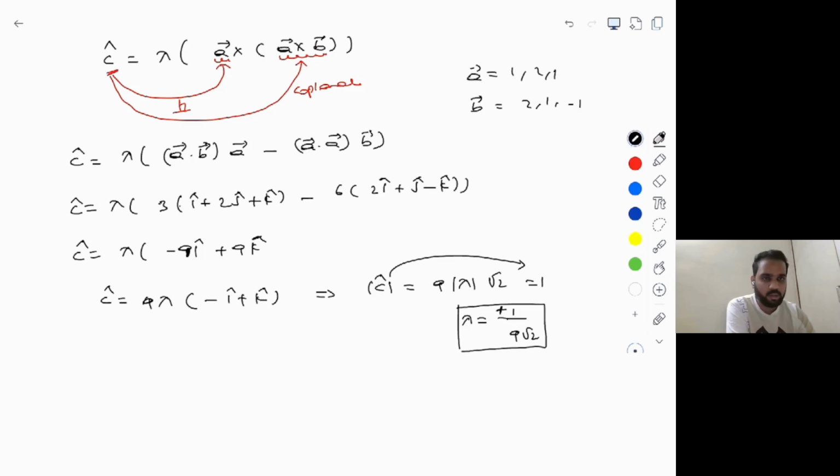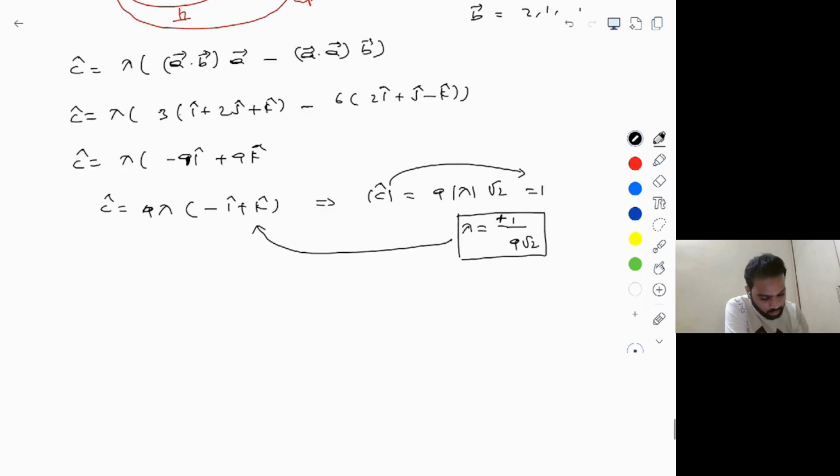So since we got the values of lambda, we can substitute them back to get the vector C cap. So C cap is equal to 9 into plus or minus 1 divided by 9 square root 2 multiplied by minus i cap plus k cap. So 9 will be cancelled out. Finally, C cap is equal to plus or minus square root of 1 by 2 multiplied by minus i cap plus k cap. So this is your vector C cap which is required.